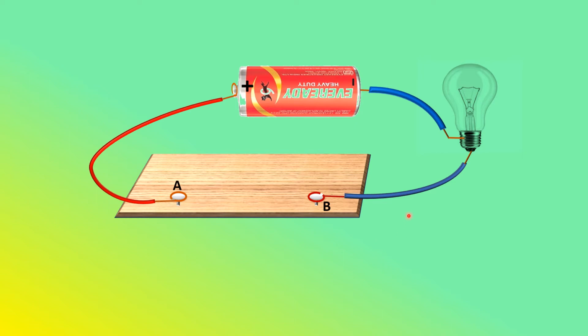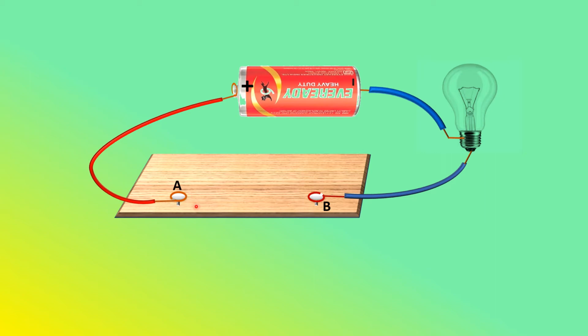See here, this one is the circuit. In this circuit, between the two points A and B, the circuit is open. There is no connection here. Therefore, the bulb will not glow. Now, I will connect the hairpin first.